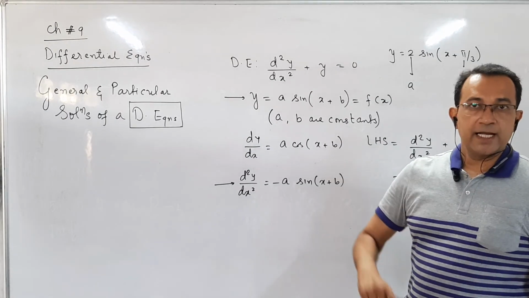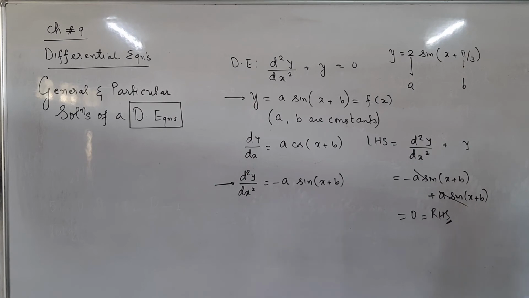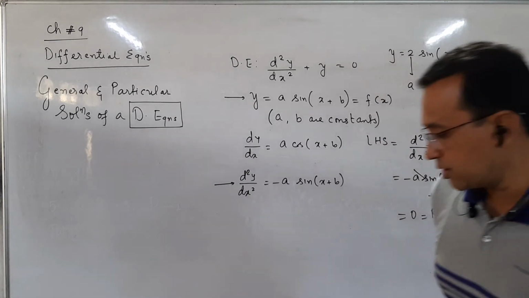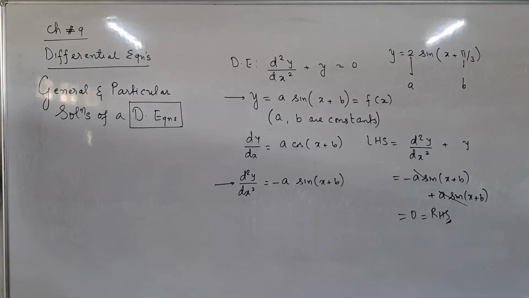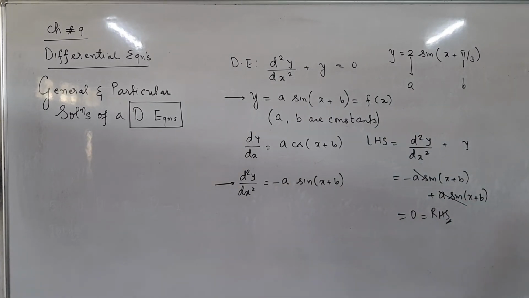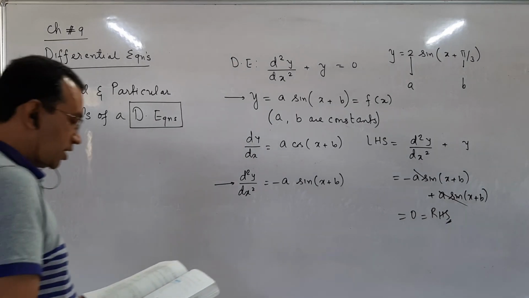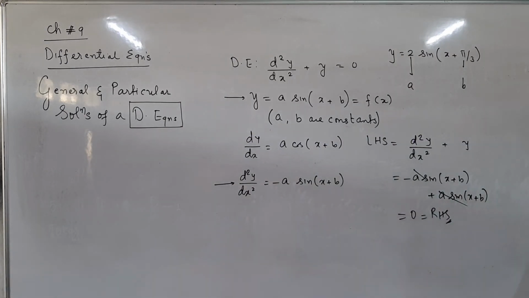And when arbitrary constants are given particular values based on the initial condition, such a solution, like y is equal to 2 sine of x plus pi by 3, is called a particular solution of the differential equation.